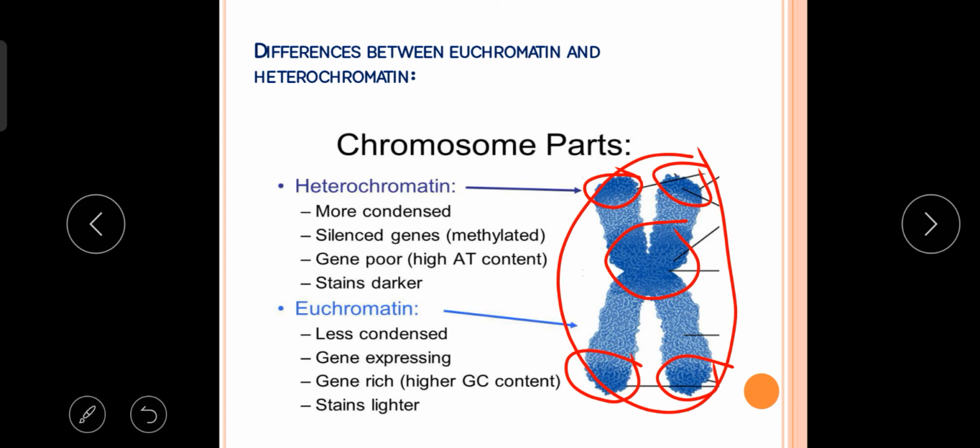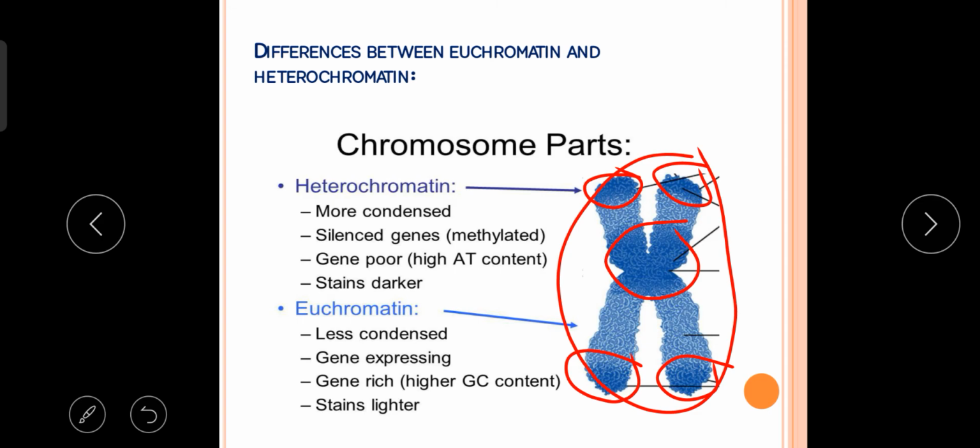And in the heterochromatin, the DNAs are found in a more condensed structure. So DNAs are more condensed in this heterochromatin structure of chromosome. These are tightly packed in those areas. All the DNAs, all the nucleosomes are tightly packed in the heterochromatin region of chromosome.